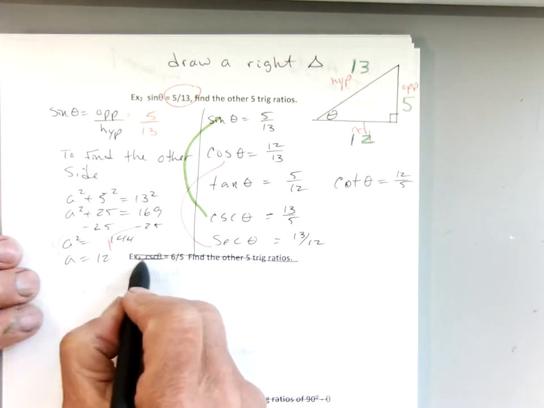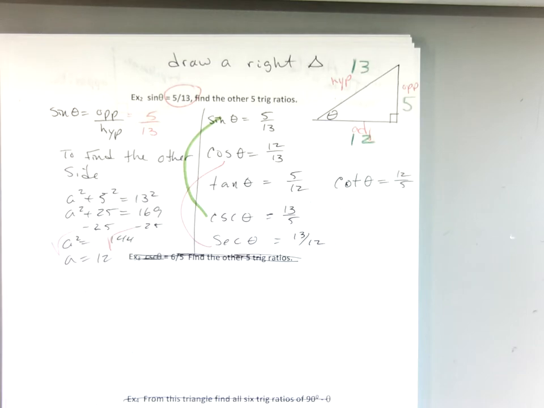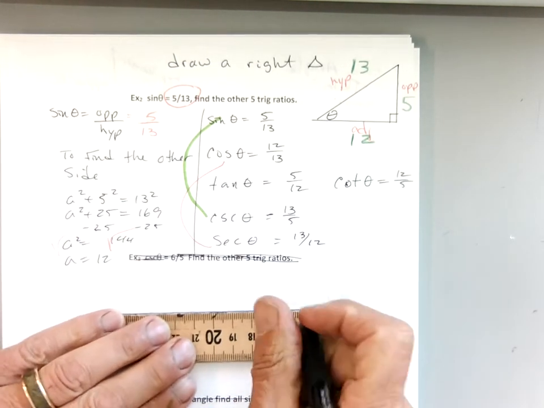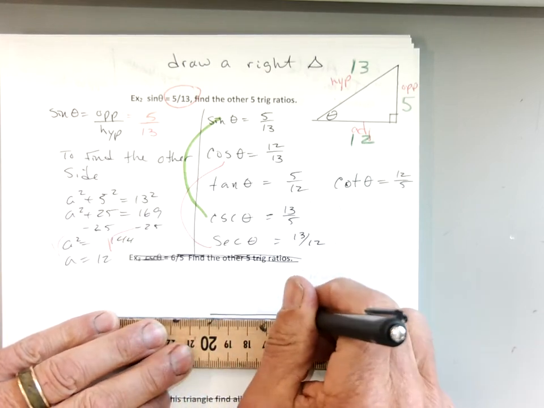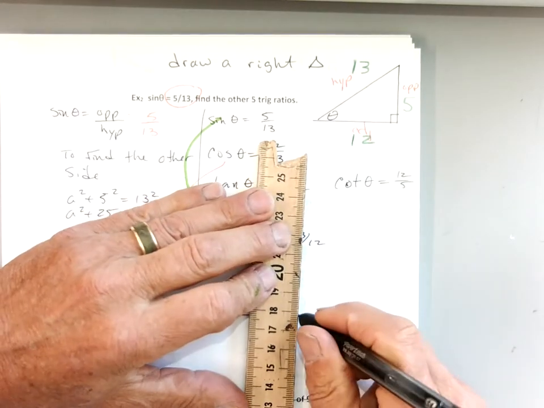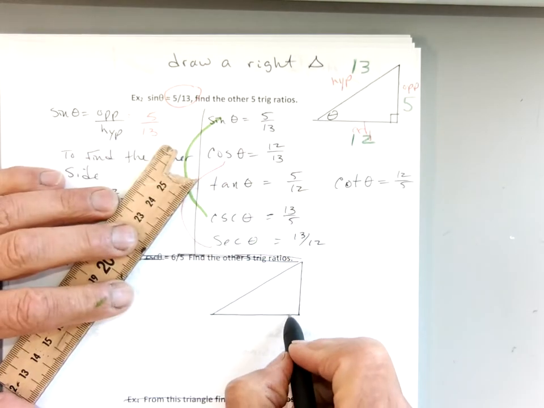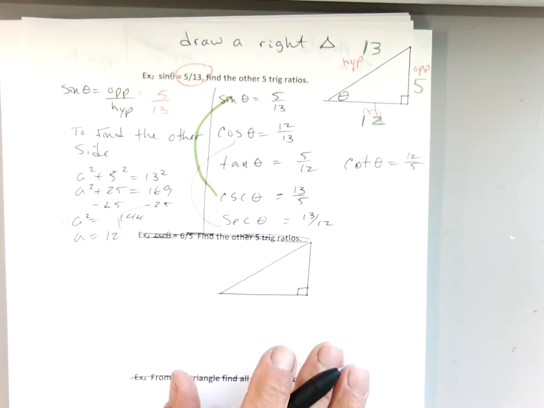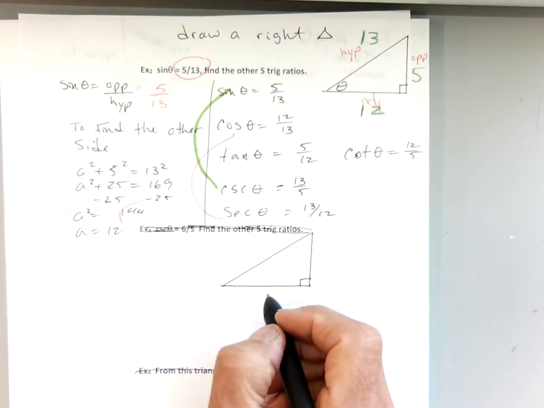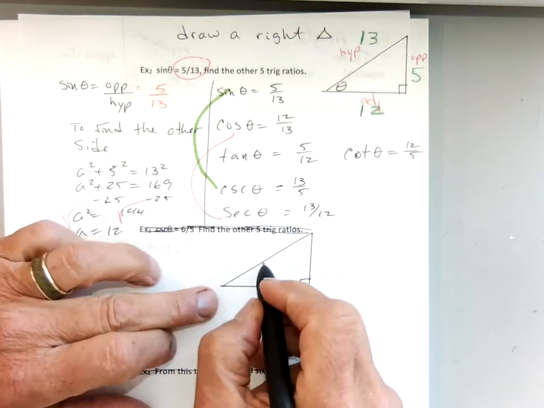So that's why I cross this off, okay? So draw this right triangle. So what's the big deal? Why right triangle trig? What is the big deal? Let me give you an example.